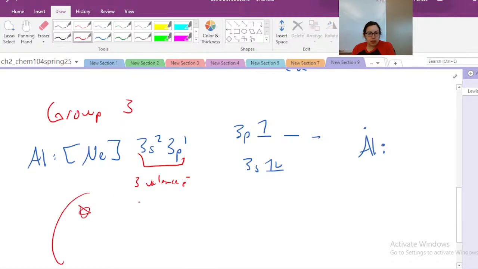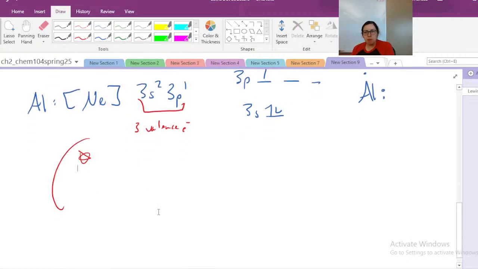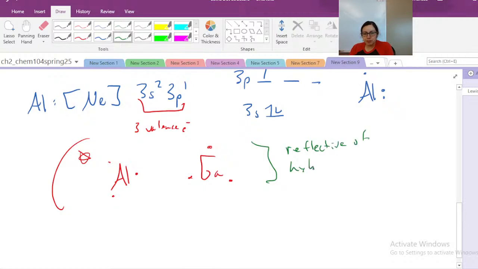I will say you might see it written like so. And this is kind of strange, but I wouldn't say that this is wrong, because it's reflective of hybridization.